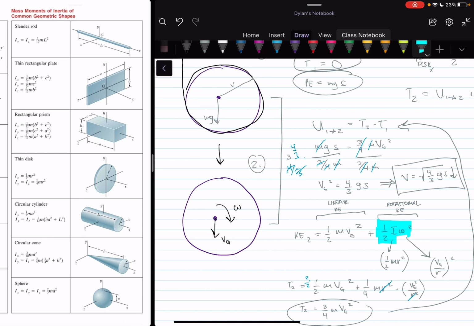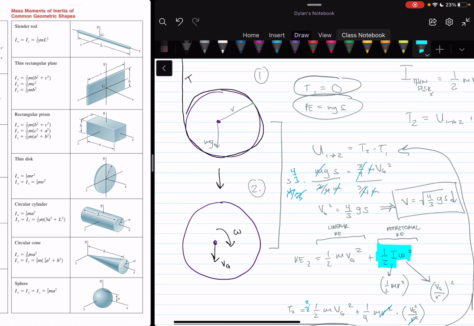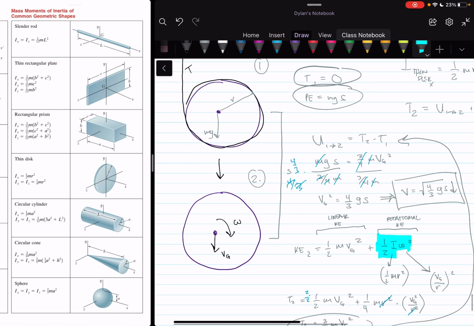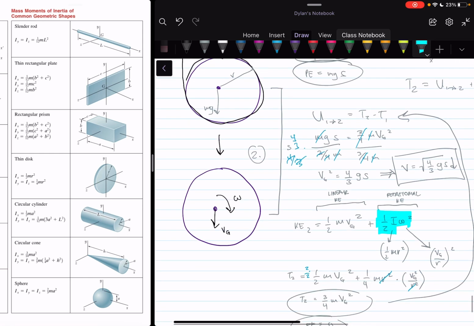I'm just doing what's happening at point 2. So I would assume that since the tension is directly converted into rotational energy, we don't have to take into account tension up there from the rope.